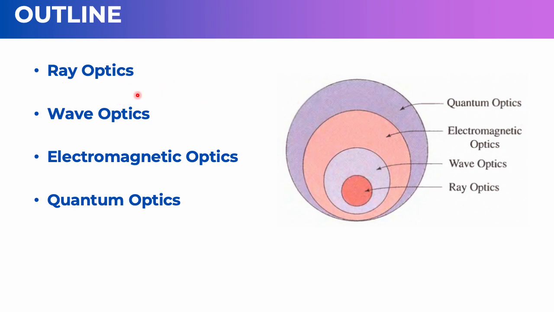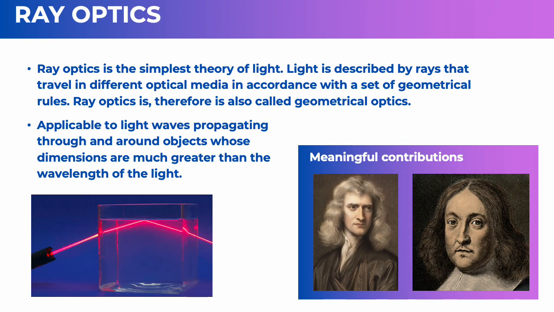Although they explore different aspects of the propagation of light, they're all true in certain cases. As we see here, ray optics is true in a narrow range of cases. Wave optics sort of engulfs ray optics and extends its capabilities, and so on. So let's get started with ray optics.